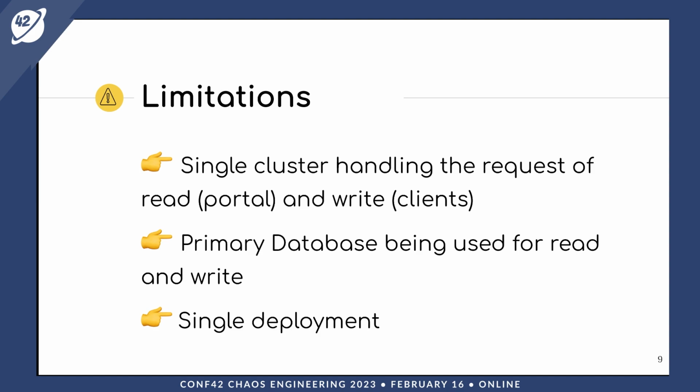The second one is the primary database being used for read and write. So we have a primary and recovery database. Primary is basically the one which will handle all the writes and reads both. Other replicas are basically where you can read the data.